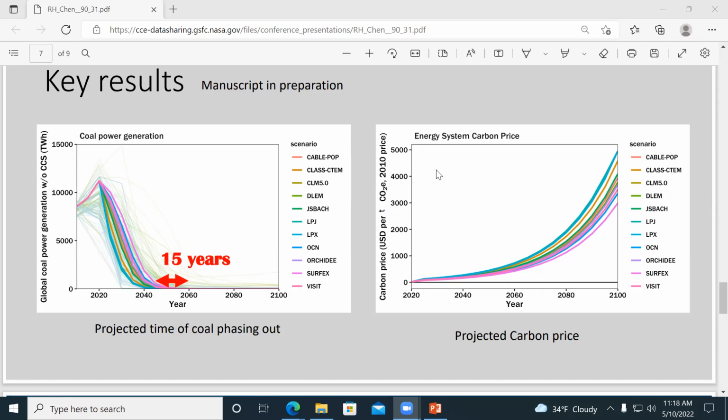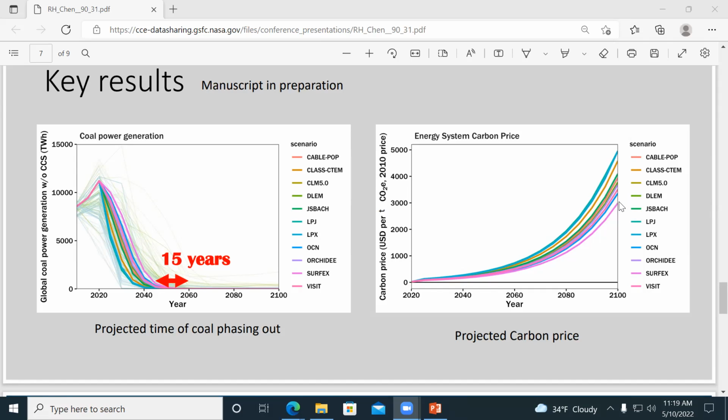And if you look into the energy system carbon price, we probably want to put a carbon tax on carbon emissions in the future. We see the carbon price is almost zero in current years, but when we apply those policies, the carbon price gets higher and higher.